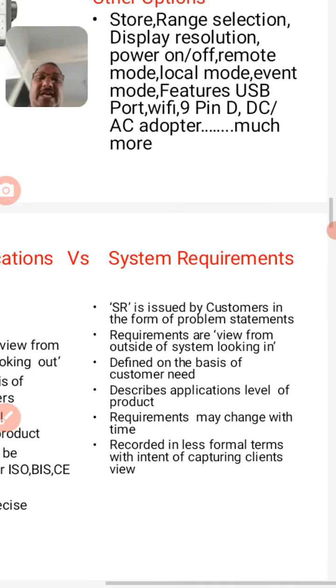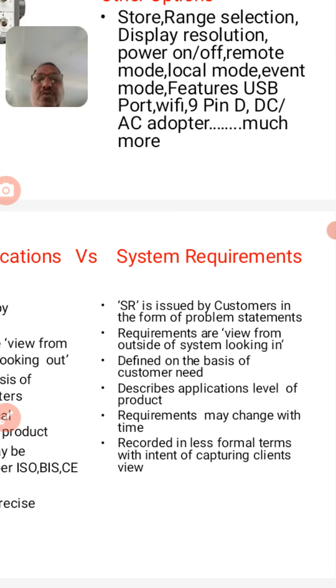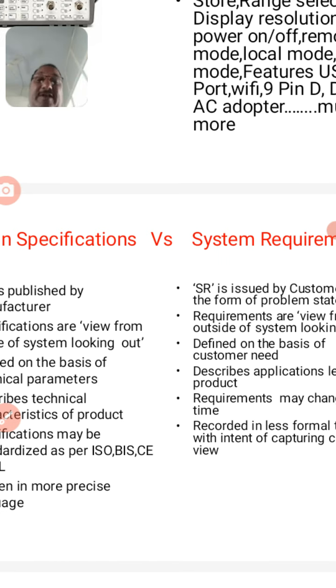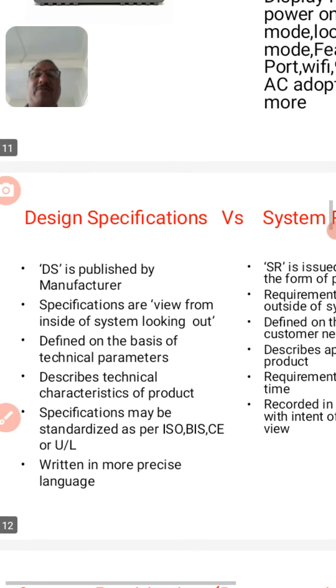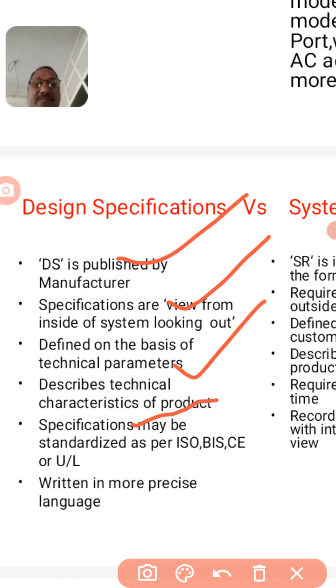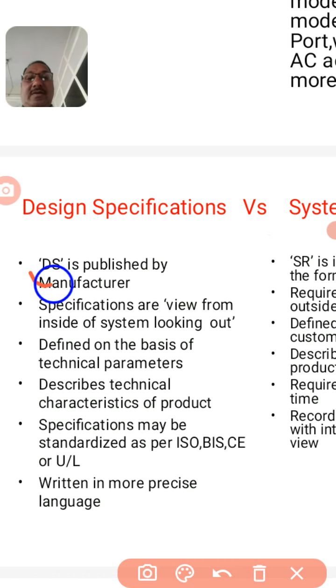System requirement is issued by customers in the form of a problem statement. It is general. While a design specification is published by the manufacturer. As I told you, instead of a microcontroller we are using an UNO processor, which means the UNO processor is used.